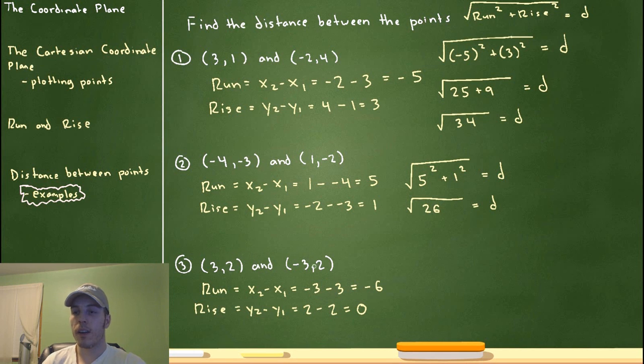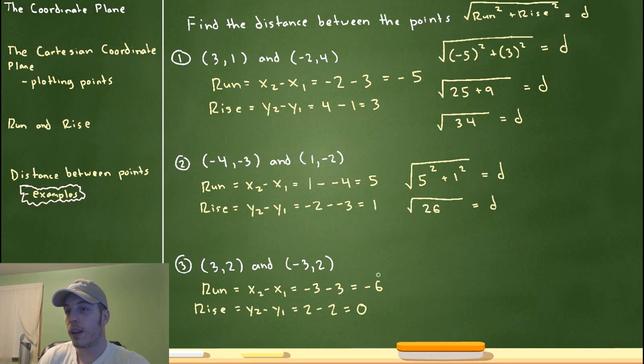Now these 2 points here, they have the same y value, right? So it makes sense that the rise, the vertical transition between those 2 points should be 0, because they're already at the same height in the Cartesian coordinate plane. So we would expect a 0 there, that's fine.